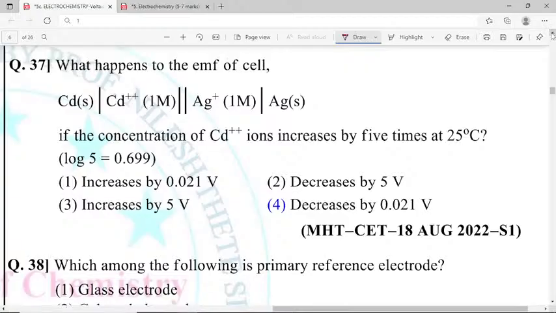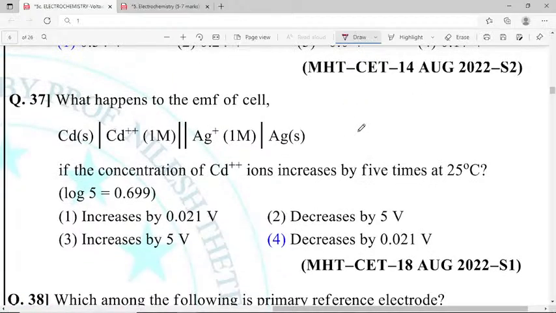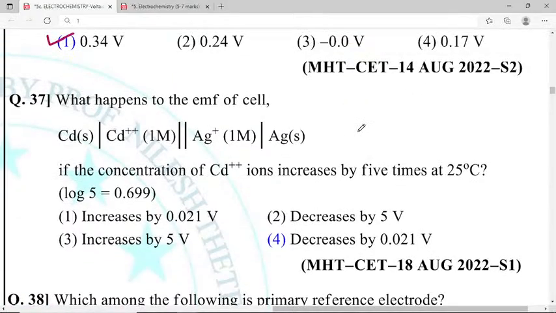Next question, please solve it. Question number 37: what happens to the EMF of a cell? This is the anode and this is the cathode.